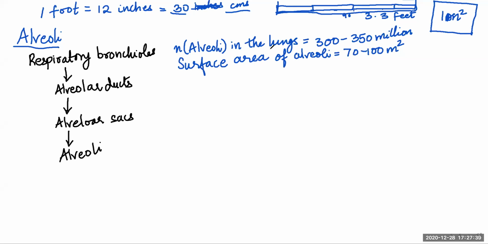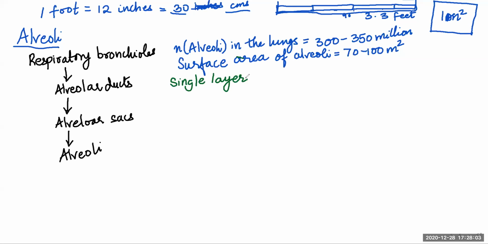Okay. Now what is the alveoli made up of? Come on. What is the alveolus made up of? Alveolus has actually epithelium. Can you tell me? Alveolus just has epithelium. Very good, Kushi, Devangi. Alveolus is just a single layer of simple epithelium, right?